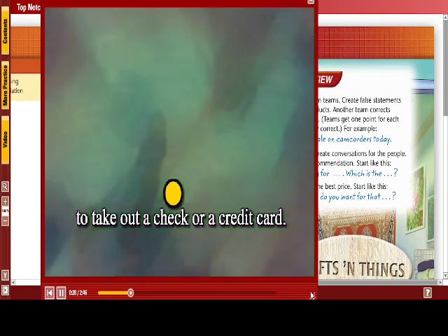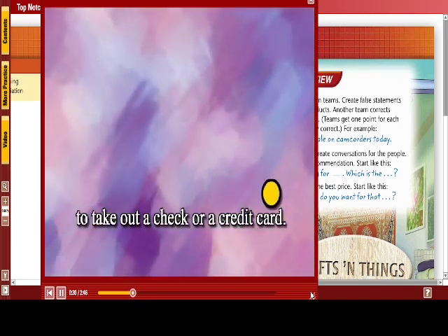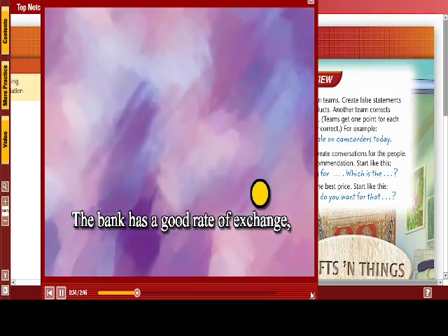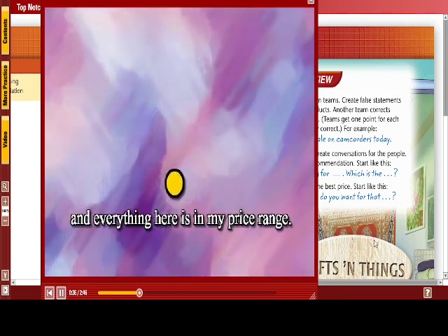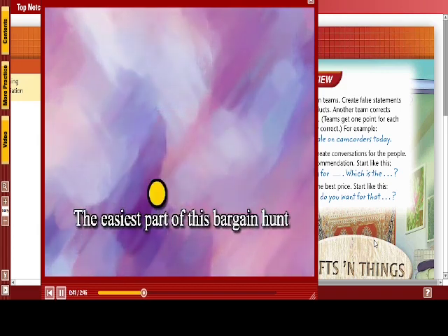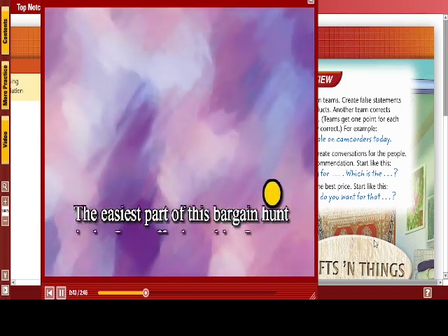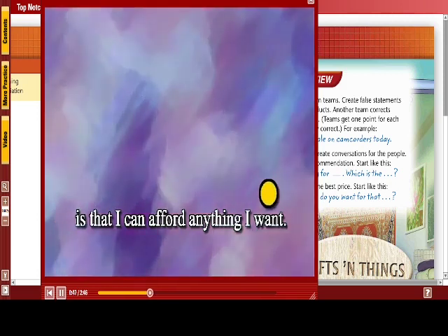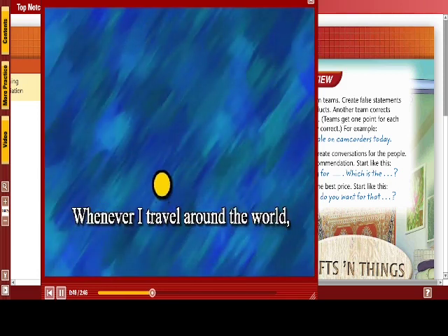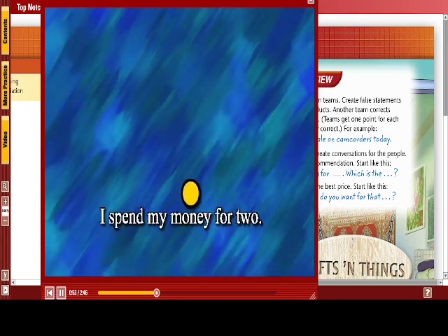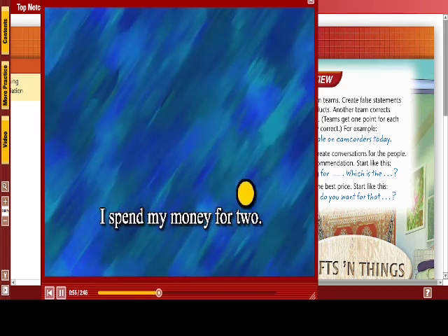Take out a check or a credit card. The bank has a good rate of exchange, and everything here is in my price range. The easiest part of this bargain hunt is that I can afford anything I want. Whenever I travel around the world, I spend my money for two.